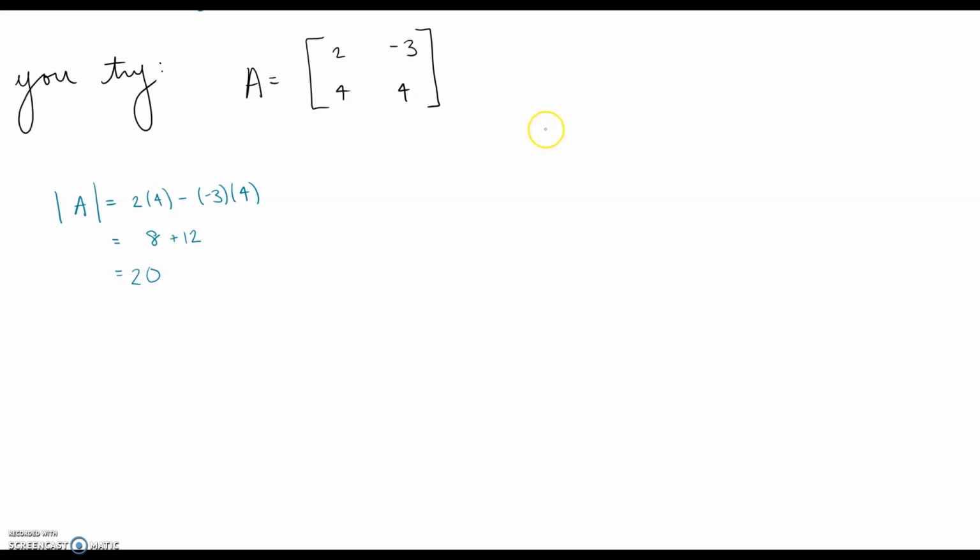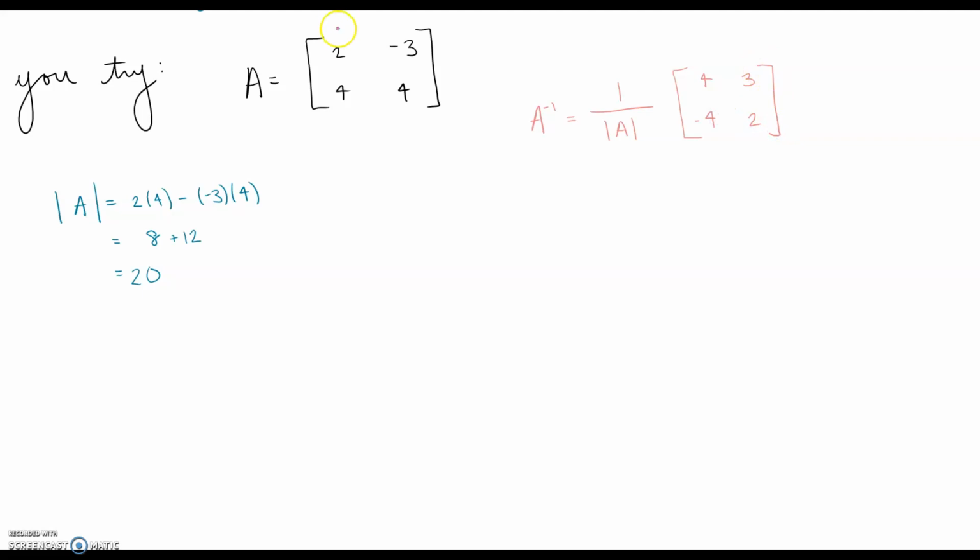Rewriting that formula in case you're rusty. I always recommend writing the formula out when you're trying to learn a formula, which I've told you many times before. So this is going to be 4, positive 3, negative 4, 2.